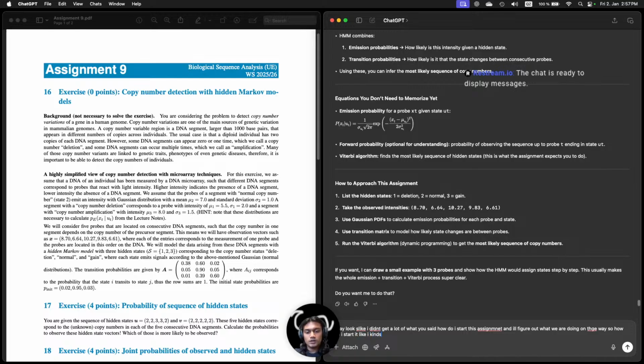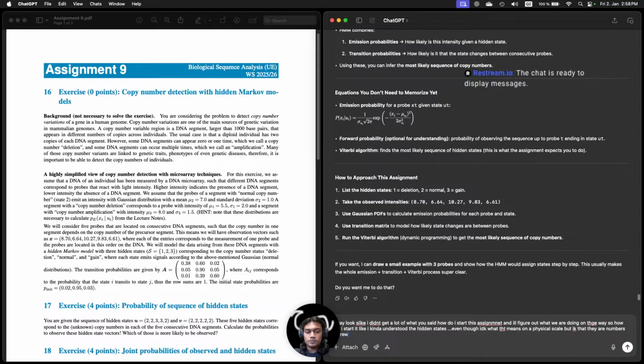I kind of understood the hidden states, even though I don't know what that means on a physical scale, but I know they are numbers to represent observations.